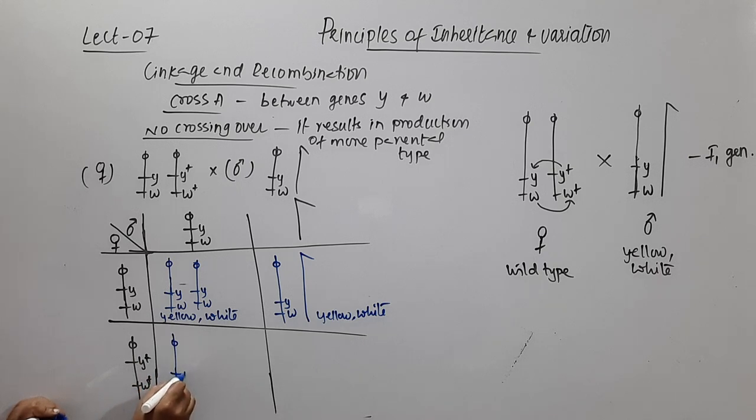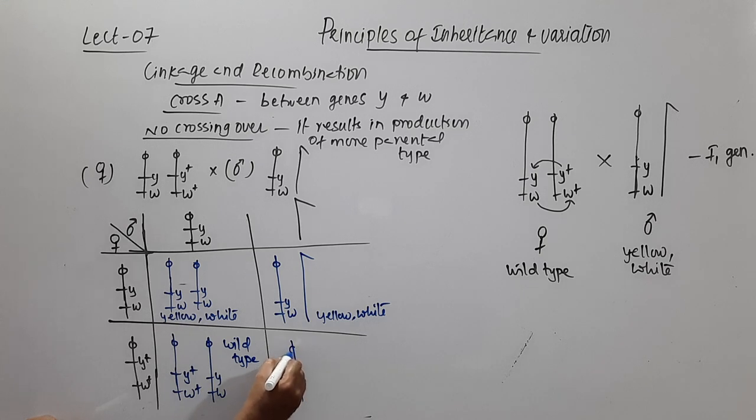Then coming to this one and this one, it will be y plus w plus, and this is y w. So this will be wild type. Now this one, here y plus w plus, this one will also be wild type.